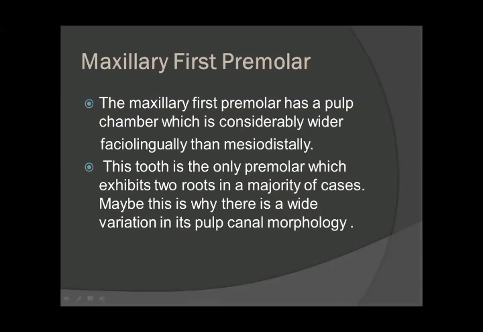Next is the maxillary first premolar. The maxillary first premolar has a pulp chamber which is considerably wider facially than mesiodistally. It is the only premolar which has two roots in the majority of cases. Maybe this is why there is a wide variation in pulp canal morphology.